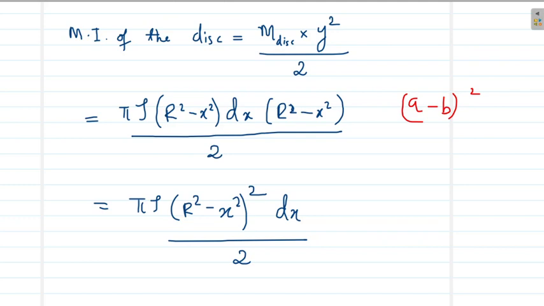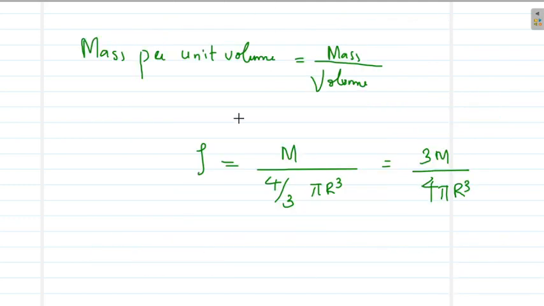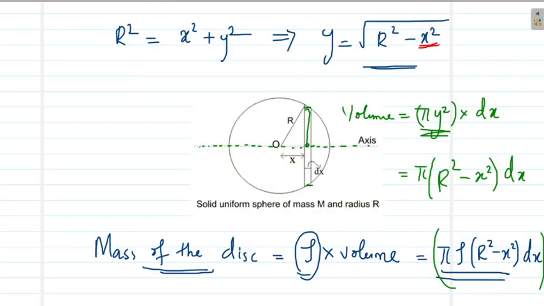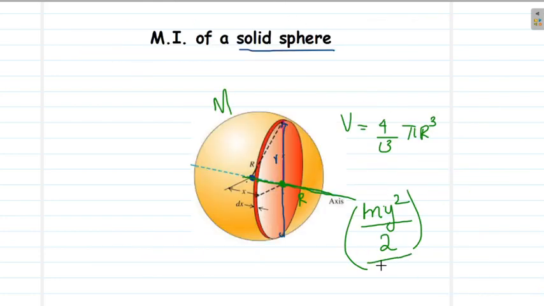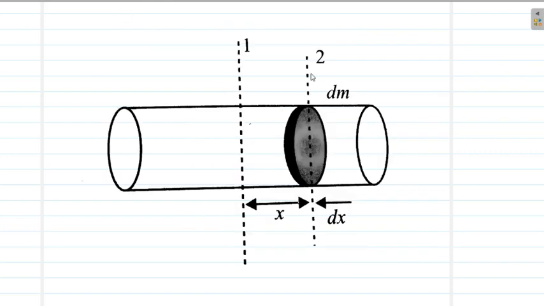Okay, now let me make one point clear for you. Here, to find the moment of inertia of this disk, we used the equation m y squared by 2. In the case of the cylinder, we used another equation. Here, you can see, there too we considered a disk inside this cylinder, but there we used the equation mass of the disk, which is dm, into its radius r squared divided by 4.